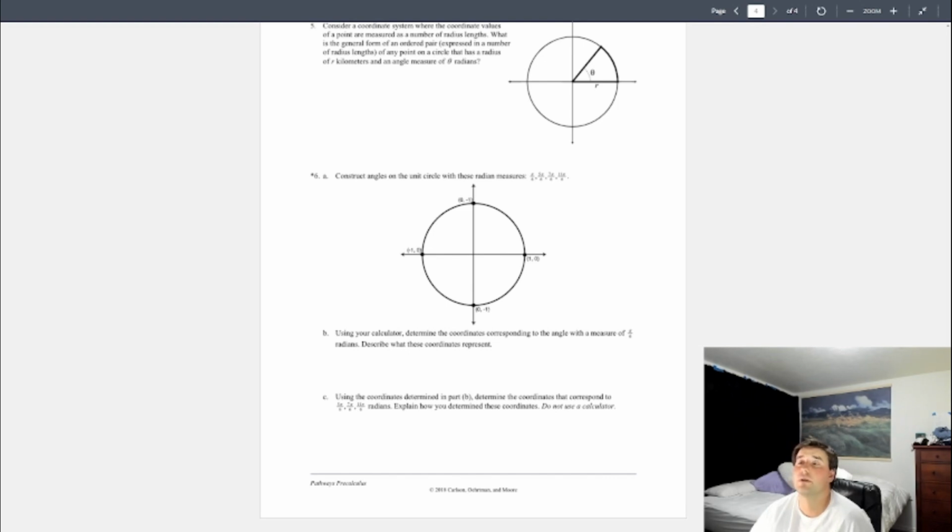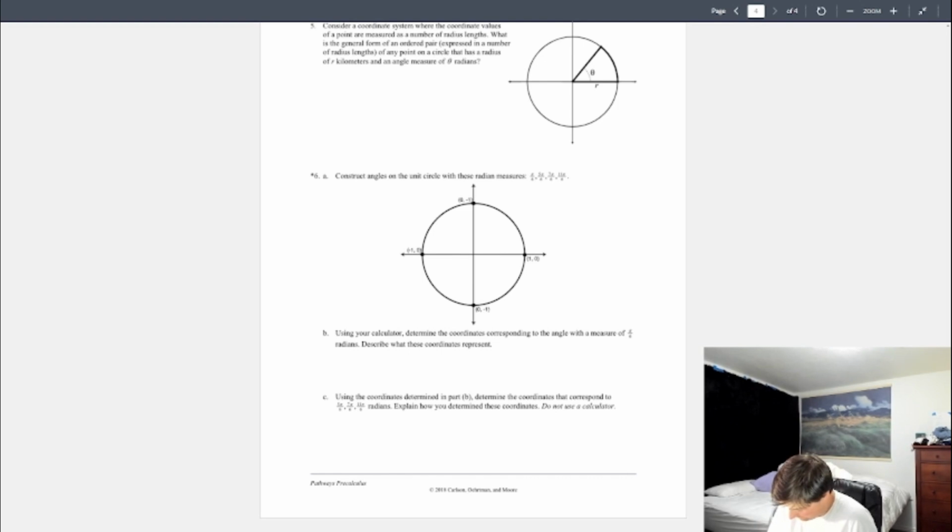So let's see. So there's 12 pi over 6s to make up the whole unit circle for one go around.